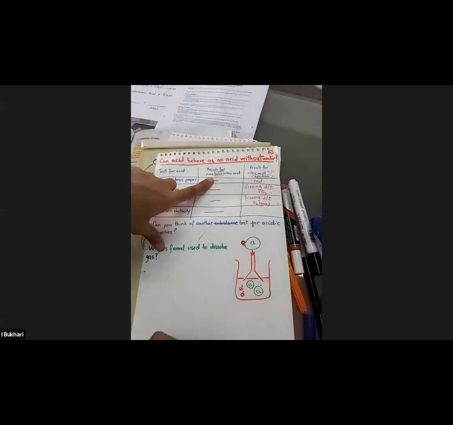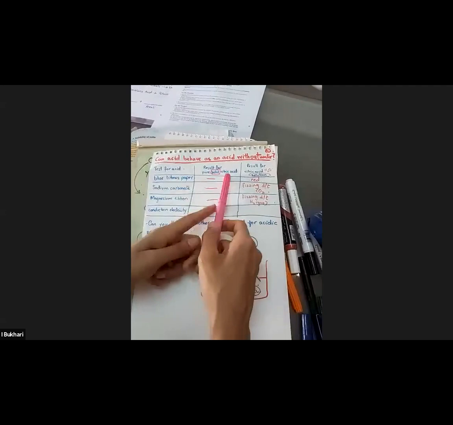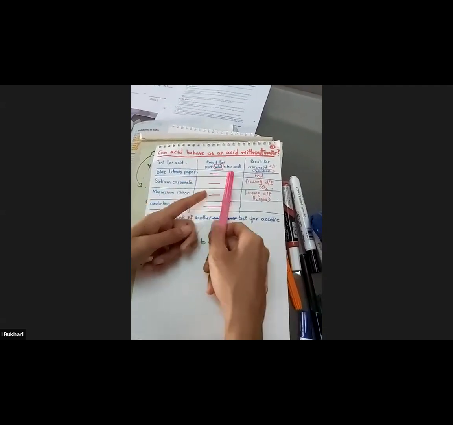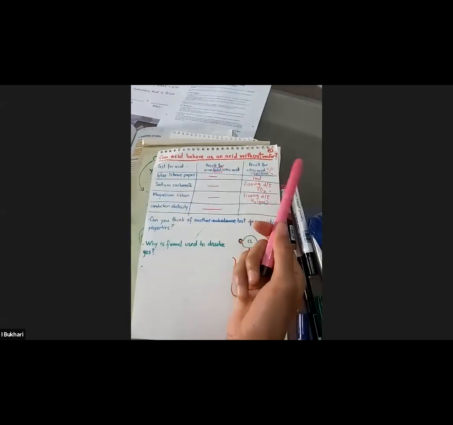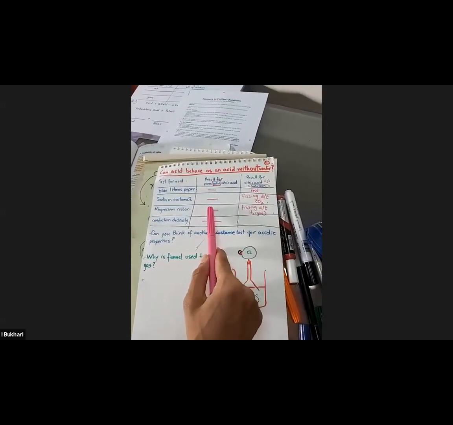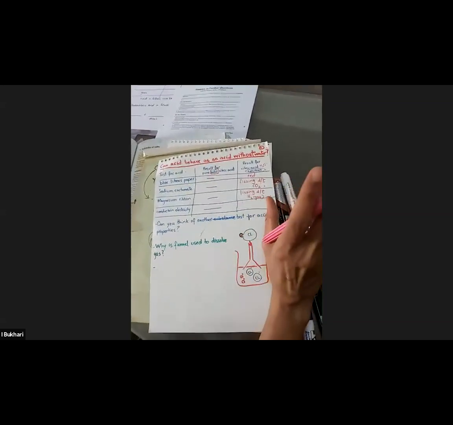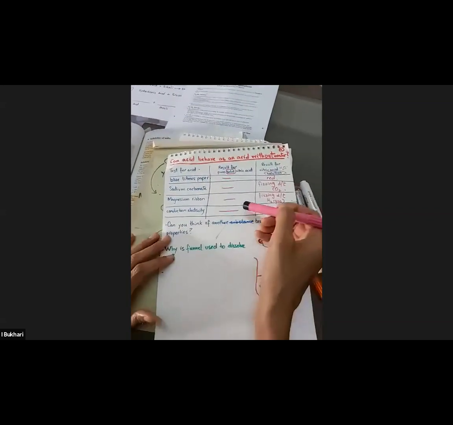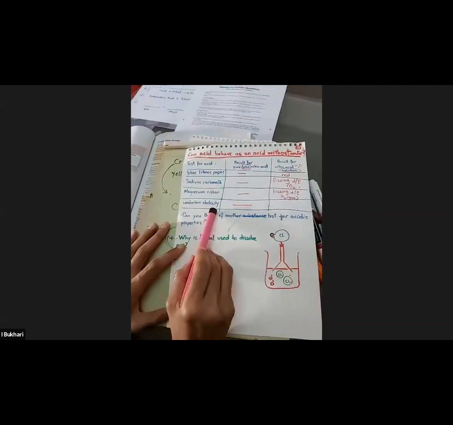We can use an insoluble base and then see if the neutralization reaction takes place, and does the indicator turn color? We can do that. Or we can use a pH meter. A pH meter is an electrical instrument which gives us the pH of the solution in the form of a digital reading.